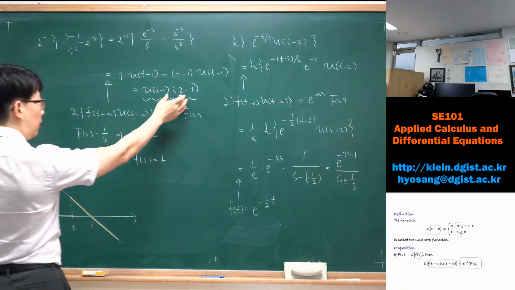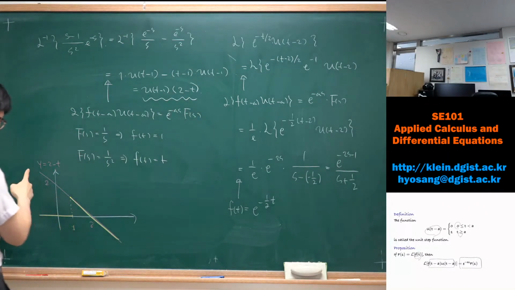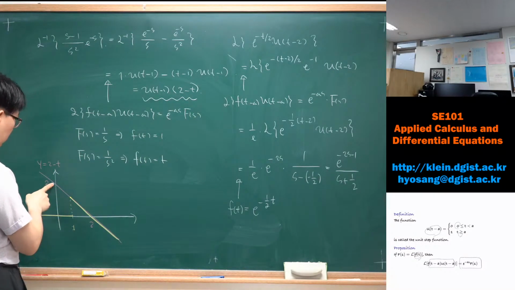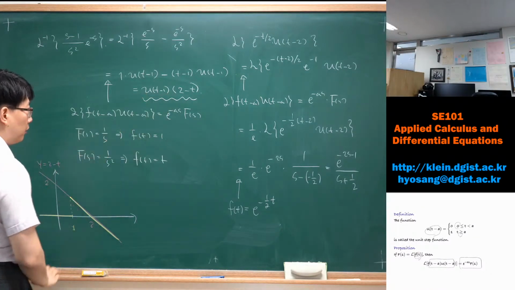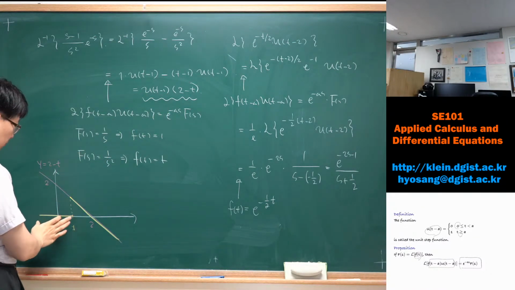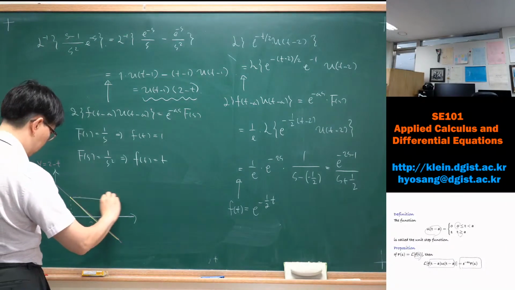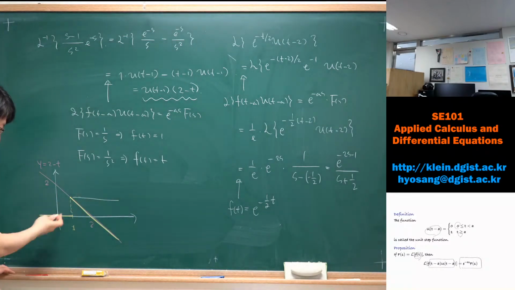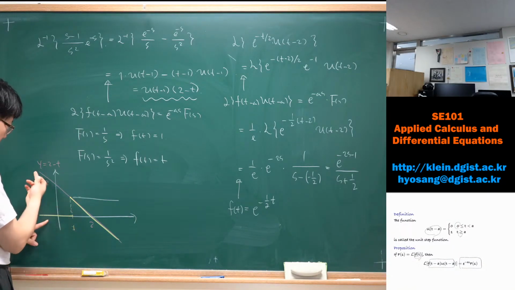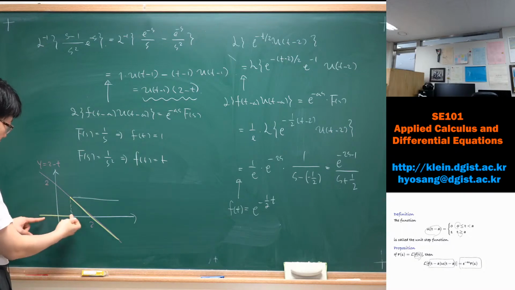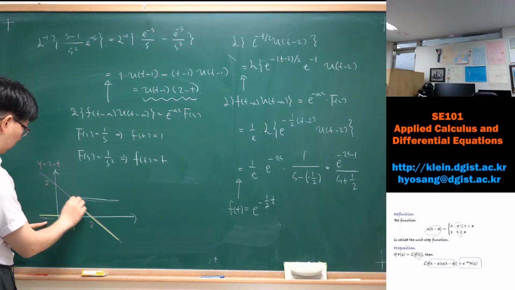Originally, I have a multiplication of two functions. This function 2 minus t is graphed as follows: from 2, it decreases by slope 1. And then multiply with this step function. The step function is 0 or 1, and at 1 it changes value. Now I'm multiplying the white one with the red one.